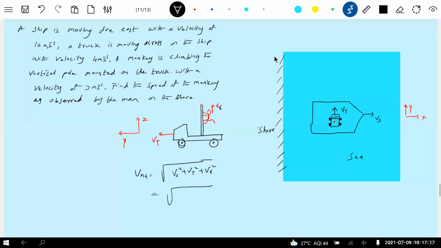This is the velocity of monkey with respect to ground or shore. Root 13? Yeah, somebody gave the answer. 13, sir. Not root 13? Yes, sir.